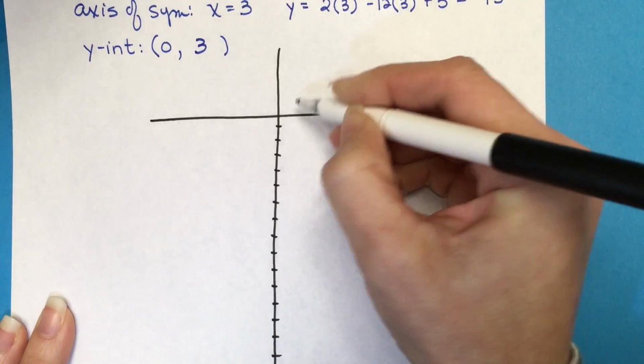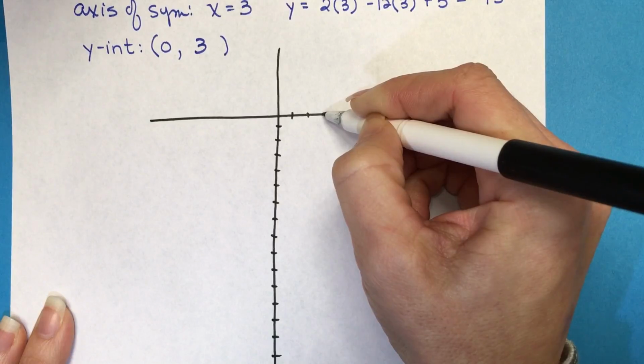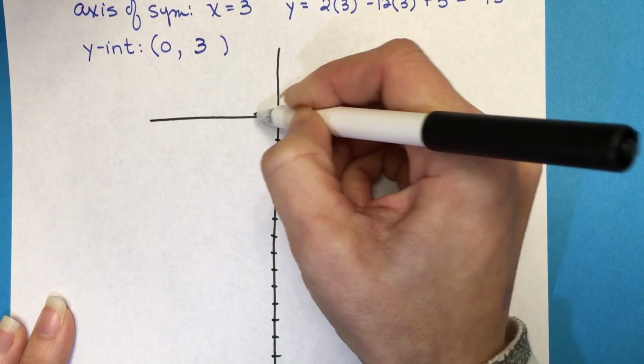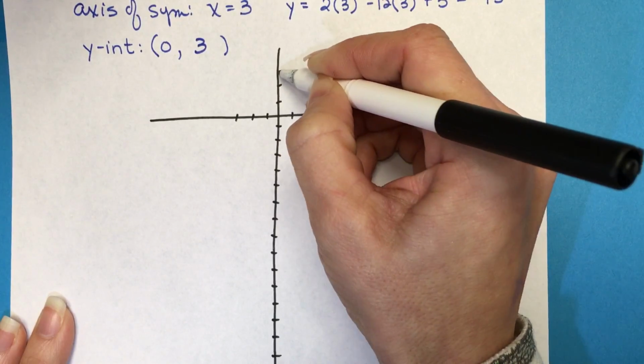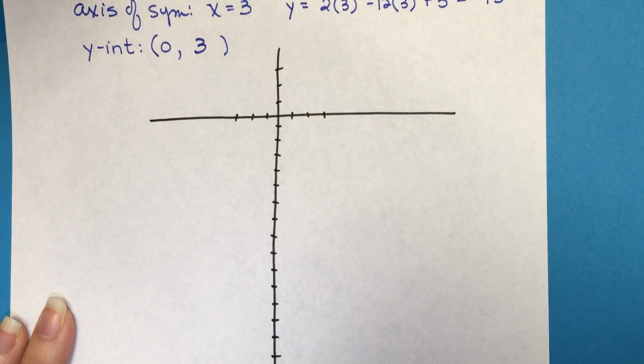Now you don't need many tick marks going out the other direction, so just do a few for those.